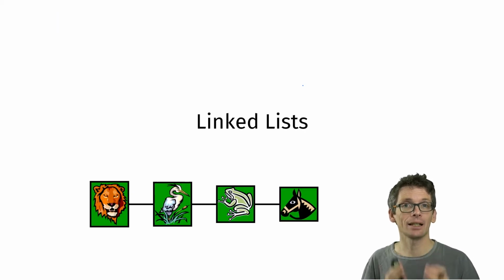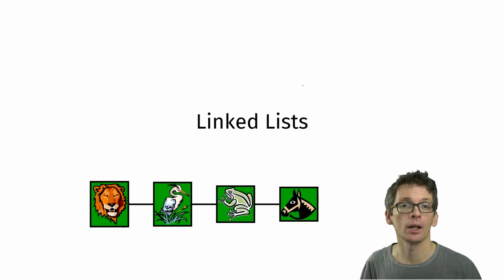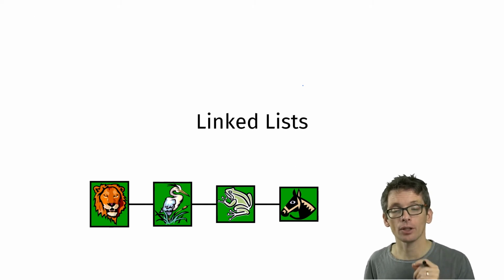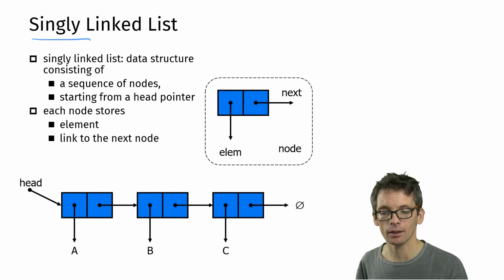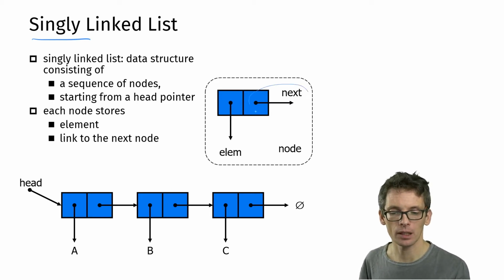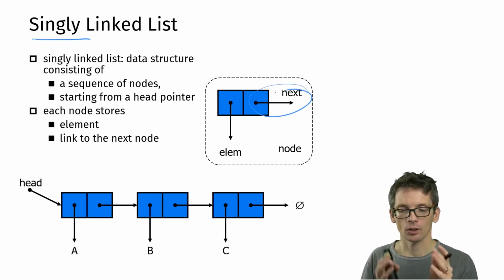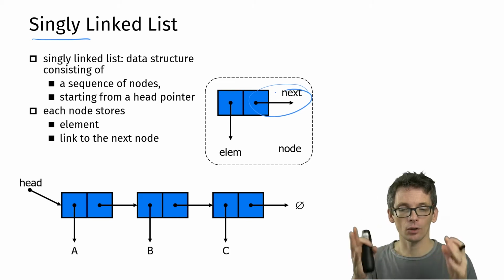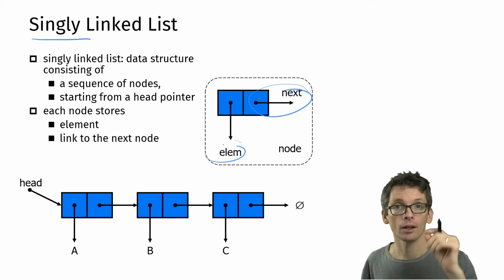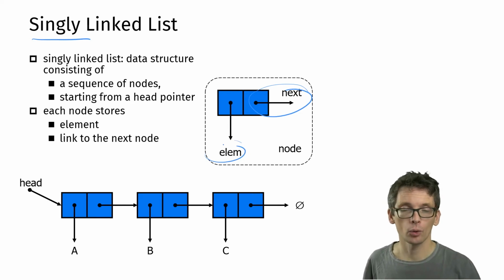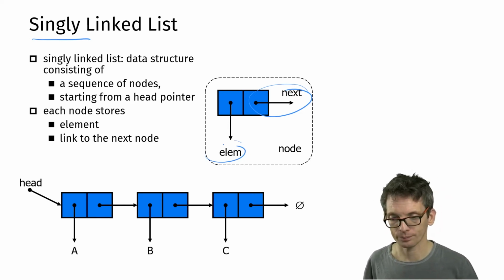Linked lists are a very simple data structure. They consist of nodes. In a singly linked list, and the single comes from this link here, the nodes can store an element and have a reference to the next node.